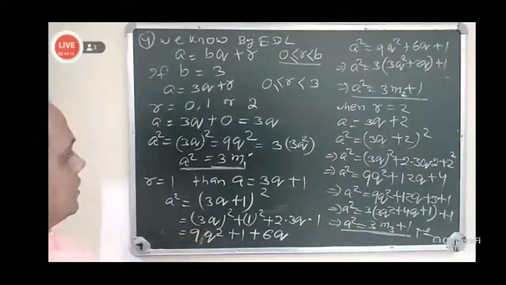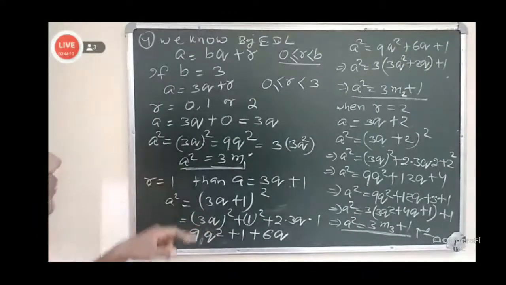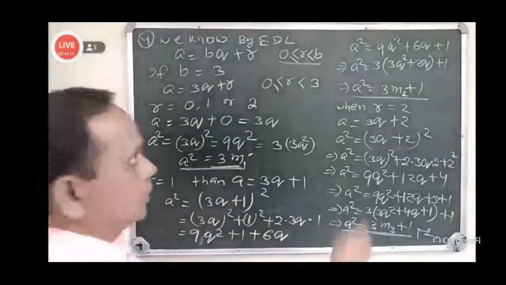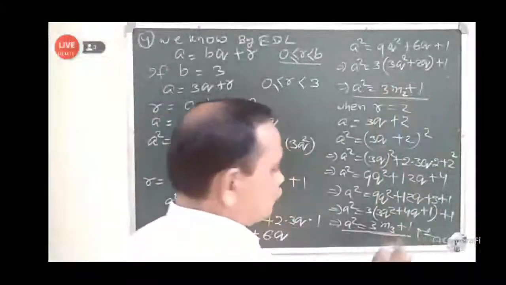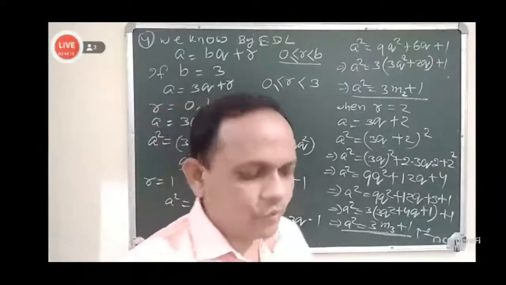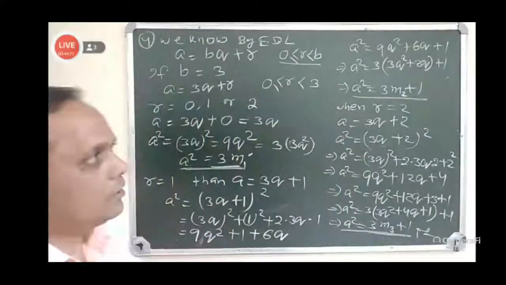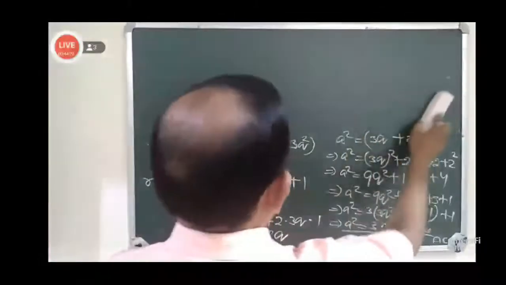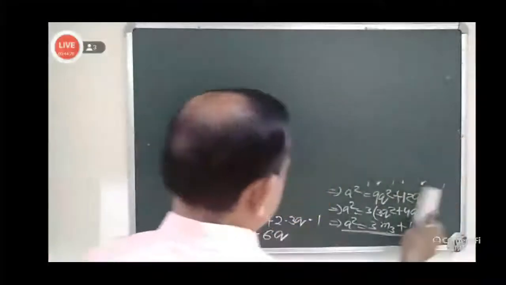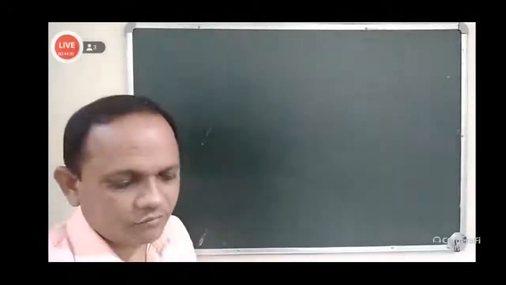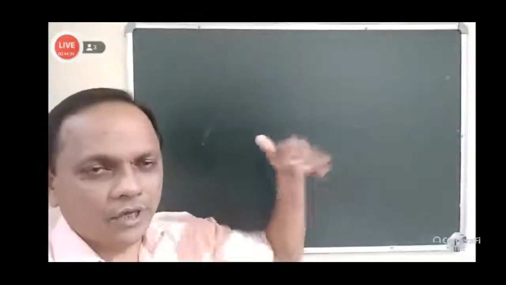So for any positive integer, a squared will be in the form of 3m or 3m plus 1. That is proved. Then number 5, exercise 1.1, number 5. Number 4 and number 5 follow the same process. If we discuss them clearly, we can find the numbers when we take a cube.